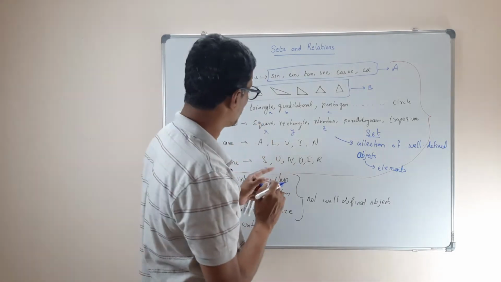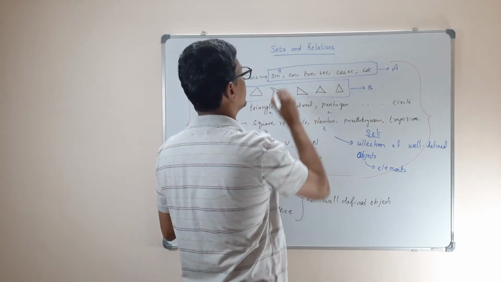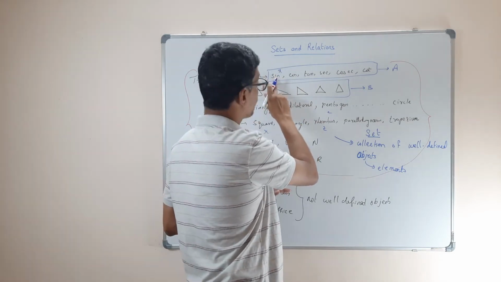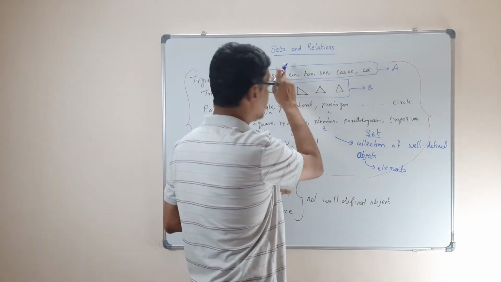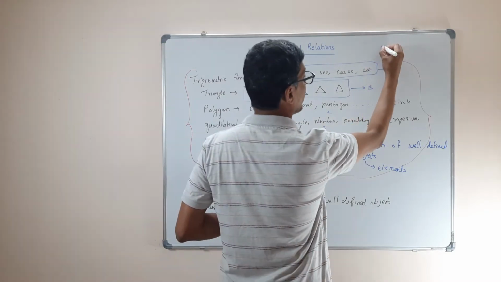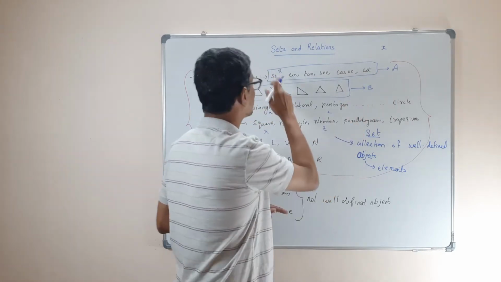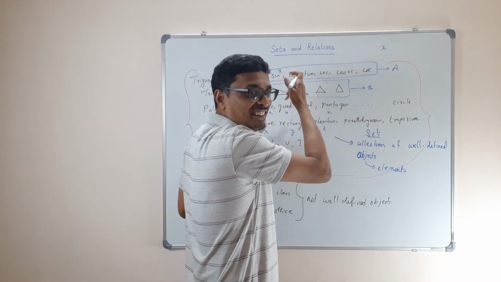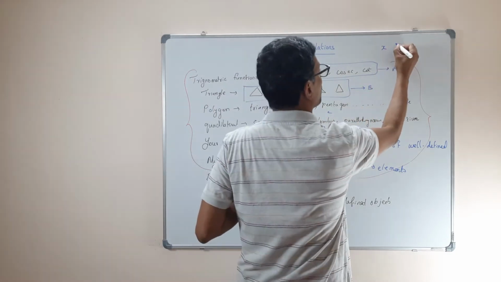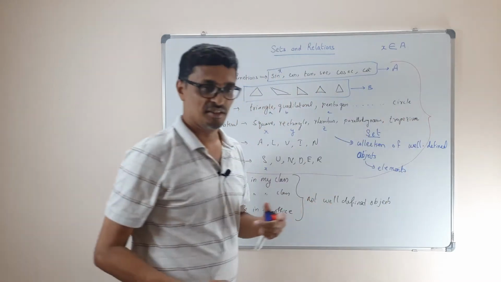So here, if X is sine theta, if a sine function is called X, and the set of the trigonometric functions is called A, then I can say X is an element of A. Correct? Because X is nothing but the sine function. So X is an element of A. You got it?